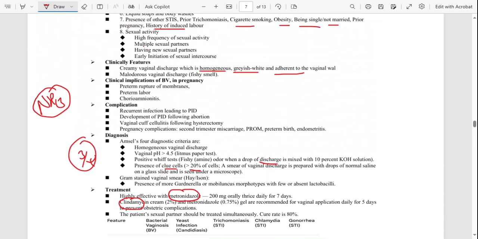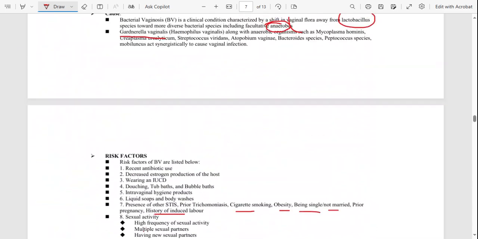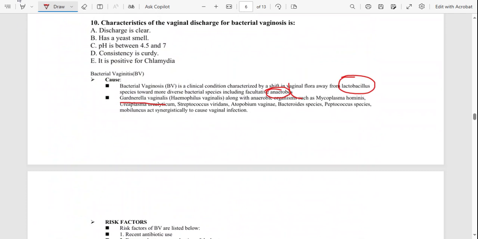So we can say the best option for our question: discharge is clear is false, because it's actually whitish, grayish white. Has a yeast smell, again that's false because it's fishy. pH is between 4.5 to 7, this is true. Consistency is curd-like, it's not really like that, this one is actually homogeneous.